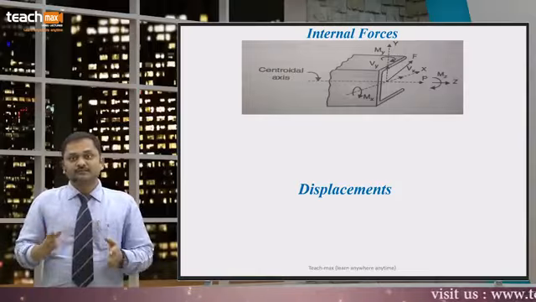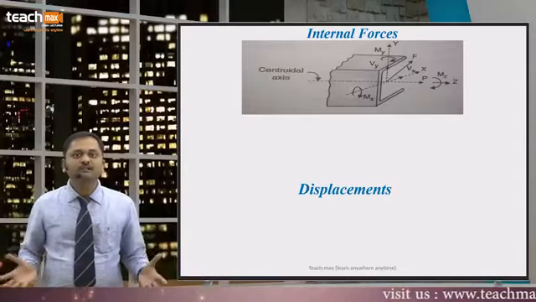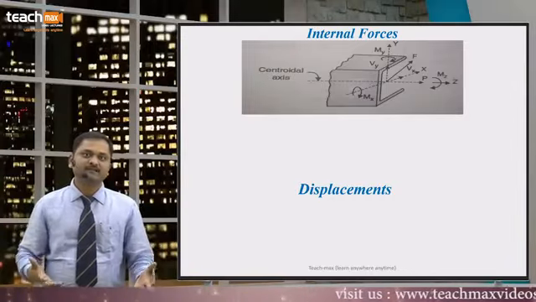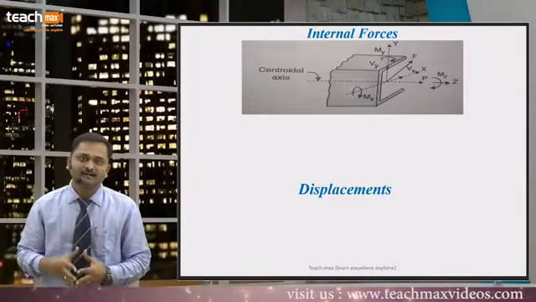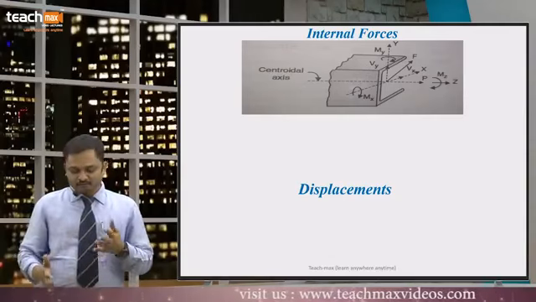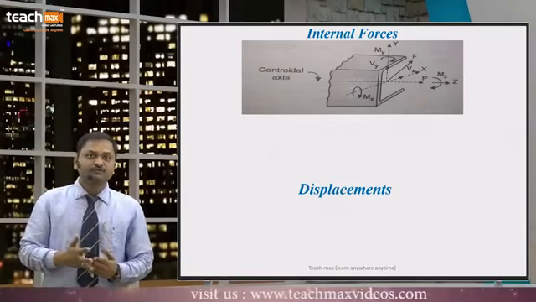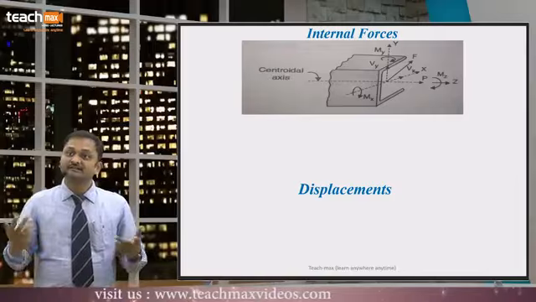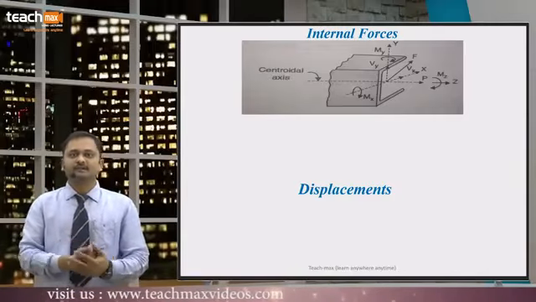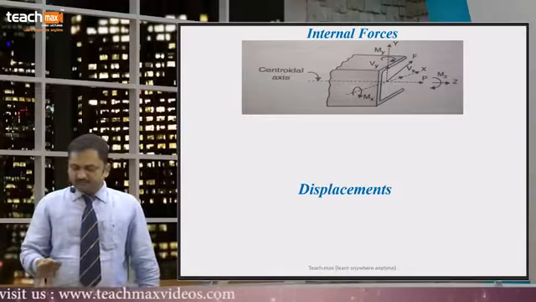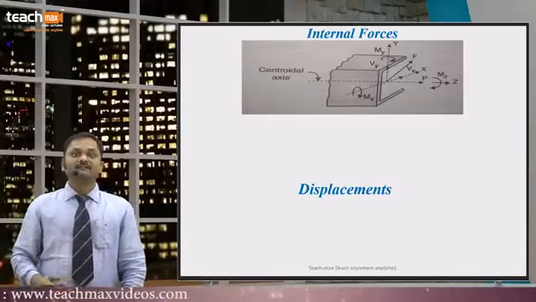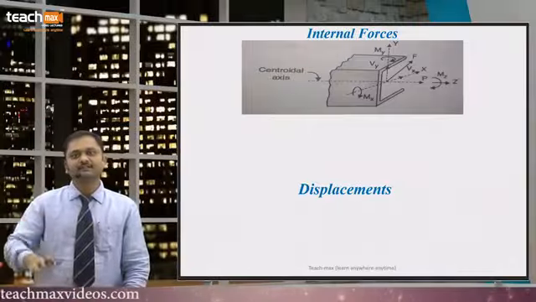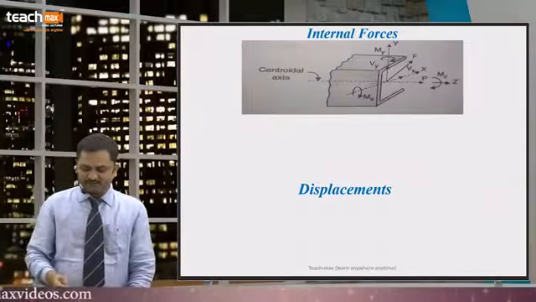Also, if you consider the whole structure, definitely it is in space, or 3 dimensions, so we need to understand that also. To study the internal as well as external behavior, first of all we need to understand what type of structure we are going to assume. So here, what are the internal forces developed for each and every type of structure? That we are going to see here.